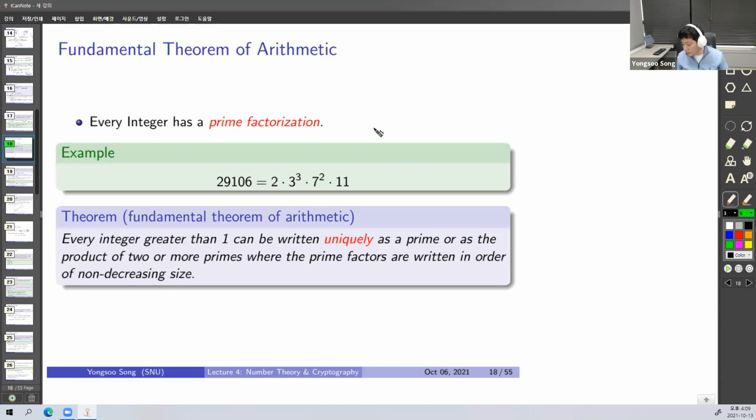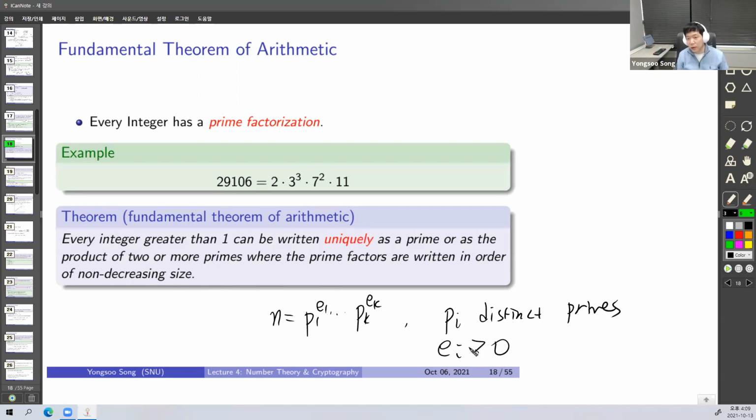So any integer can be represented like this, where the p_i's are distinct primes and the e_i's are exponents greater than or equal to 1. This is the fundamental theorem of arithmetic.